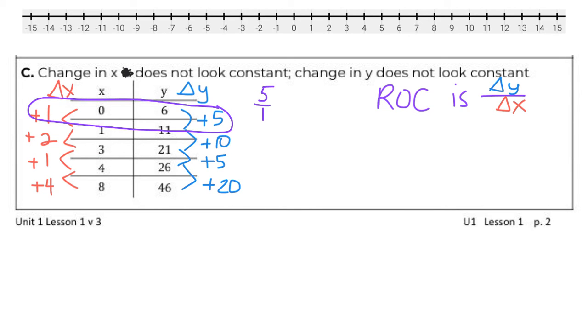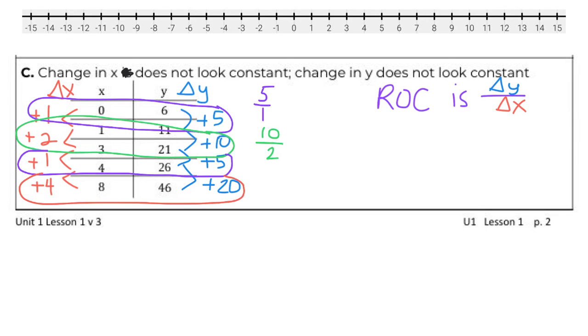You are going to take 10 over 2 for the next one. We don't have to write 5 over 1 again because it is the same as the one above. I'll circle it in the same color. And then finally, we have down here 20 over 4 for our change in y over our change in x.